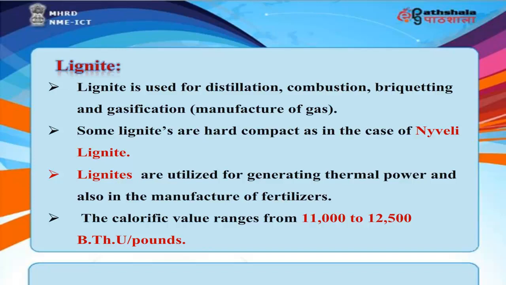Some lignites are hard compact, as in the case of Neyveli lignite. Lignites are utilized for generating thermal power and also in the manufacture of fertilizers. The calorific value ranges from 11,000 to 12,500 British thermal units per pound.